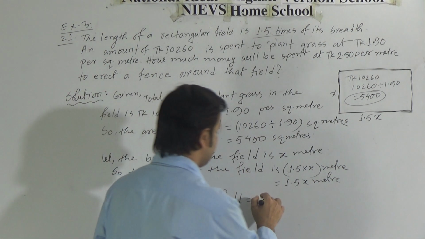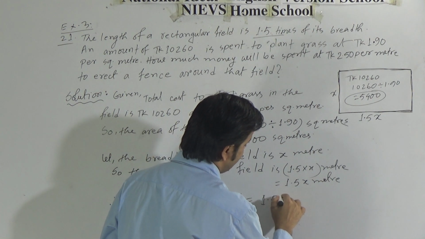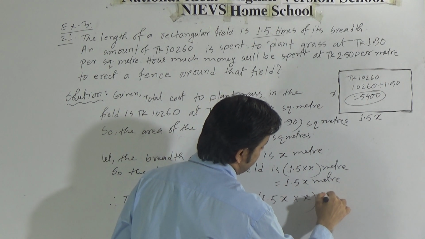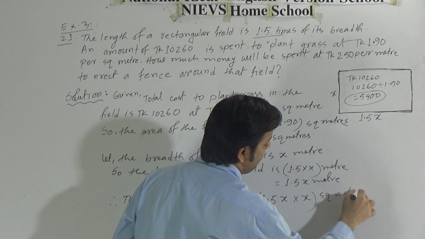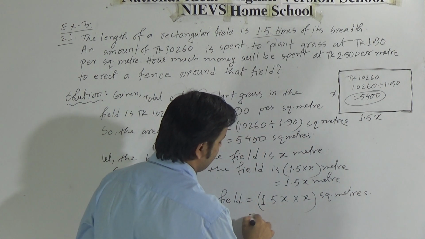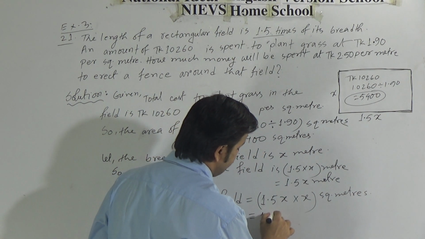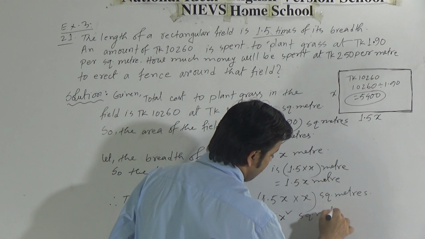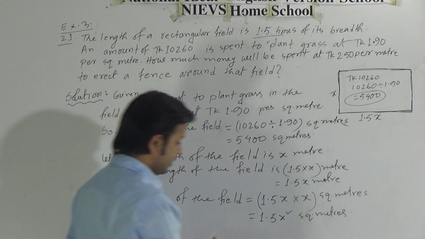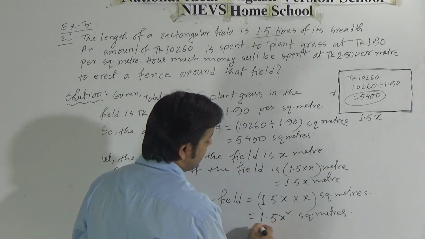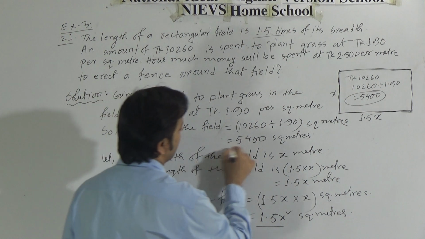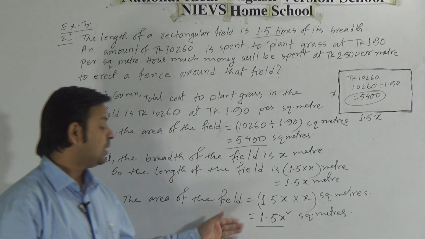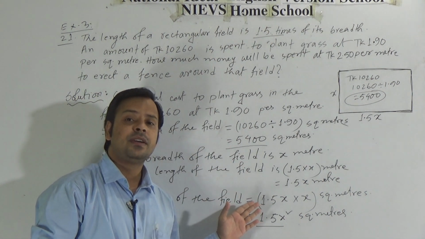So we have to multiply 1.5x and x square meter. So we will get 1.5x square meter. Now see, this is the area of the field and this is also the area of the field, as this is the same field, only one field here. So these two areas must be equal.